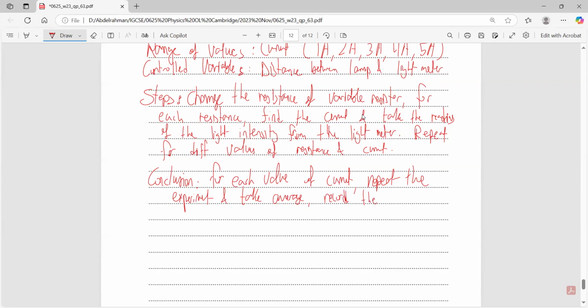Record the readings in the table. And last but not least, compare the results by plotting a graph. A graph of the independent versus the dependent variable, the current versus the light intensity.